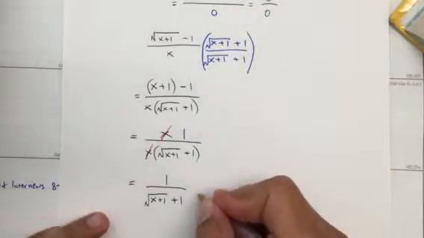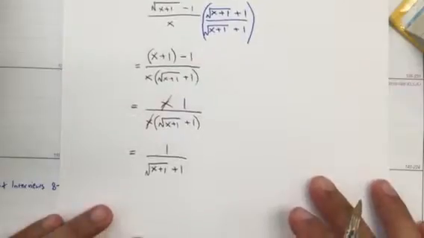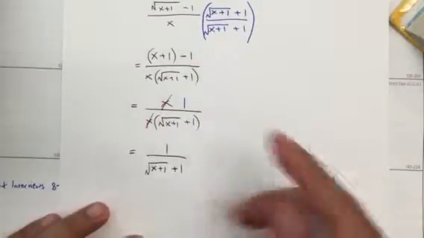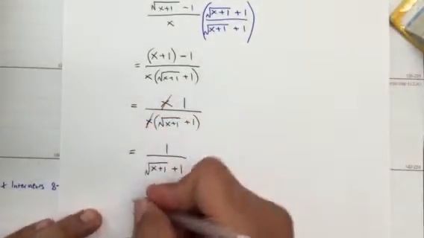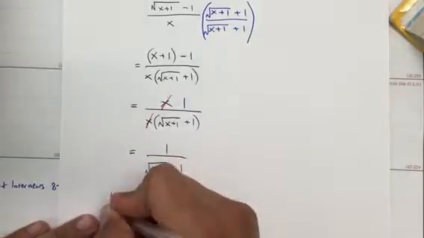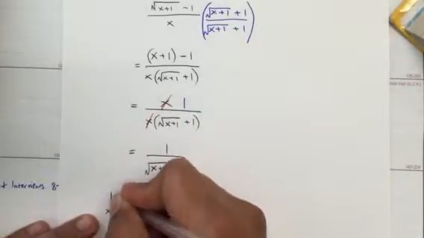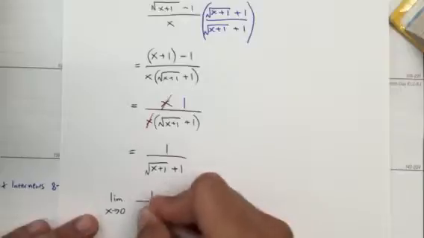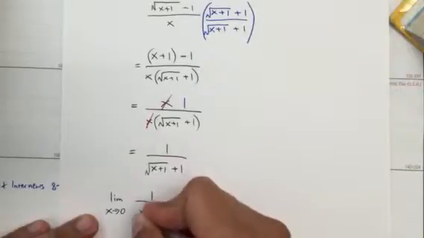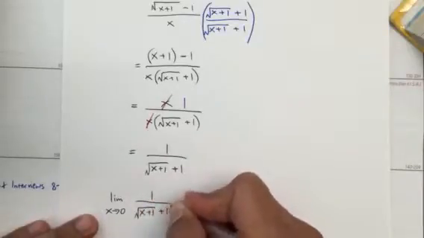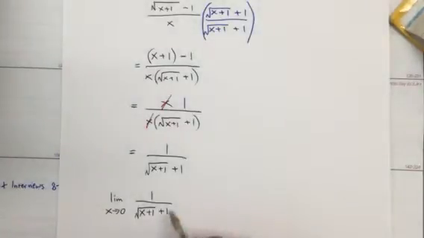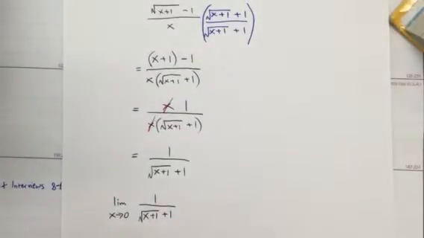For this one, we can go ahead and try direct substitution. So now we can say the limit as x approaches 0 of 1 over the square root of x plus 1 plus 1. Once we plug in 0, let's see what we get.